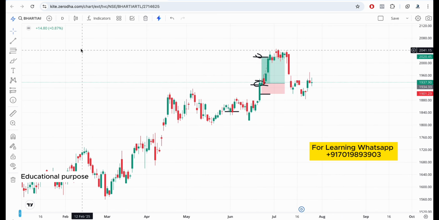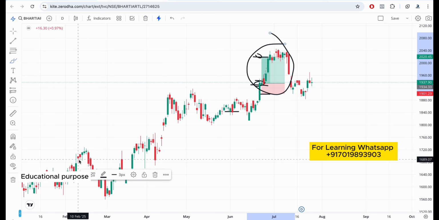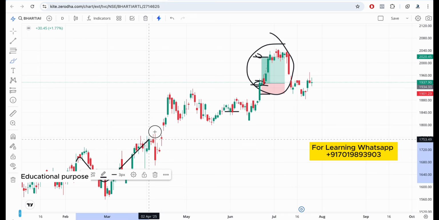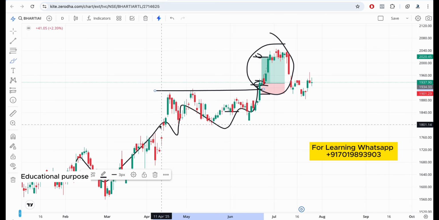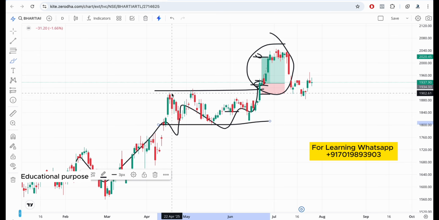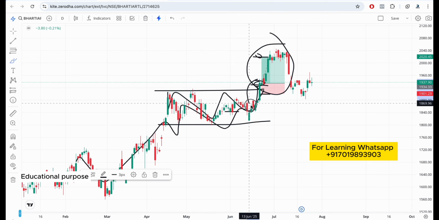So guys, this was the trade I've taken, and you can see here the price was constantly going up in this particular chart, and it was trading range bound from almost April to June. It was consolidating in this price range. What happened at the end of June is that we can see a big volume breakout.